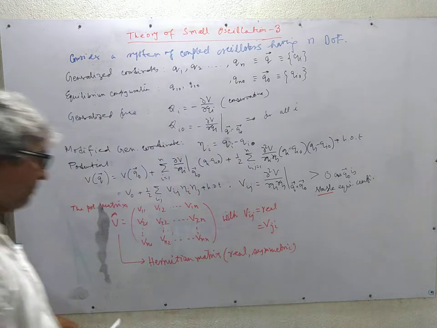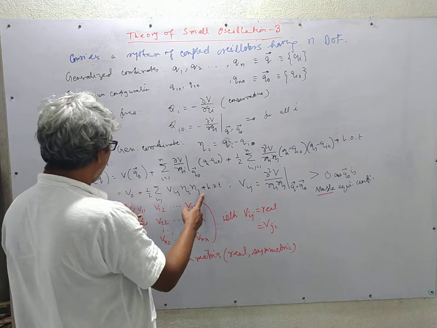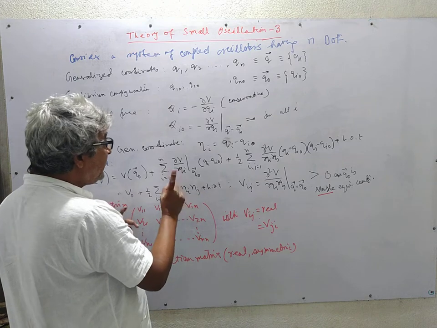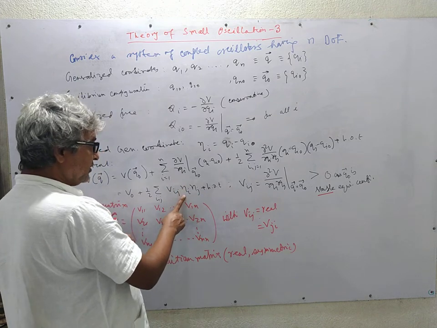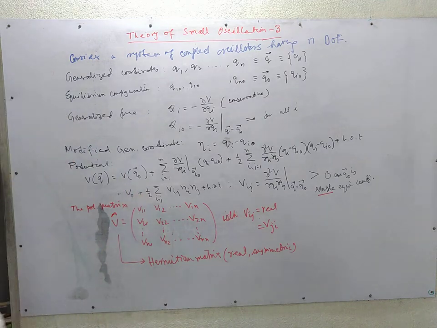So the potential energy is a real symmetric matrix, and since we have retained up to second order term, the force that we are going to get from it is a linear function of the generalized coordinates. That is the linearization of the problem.